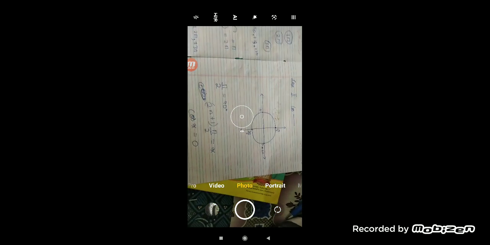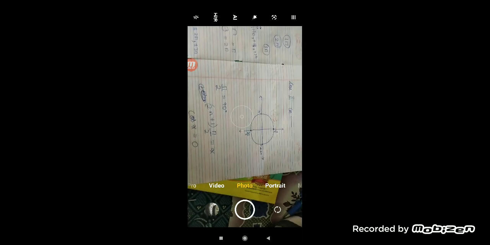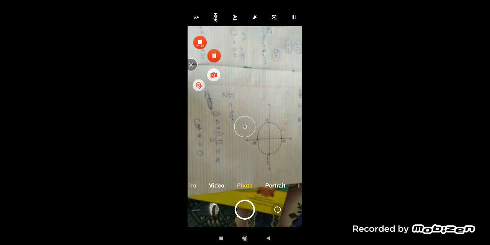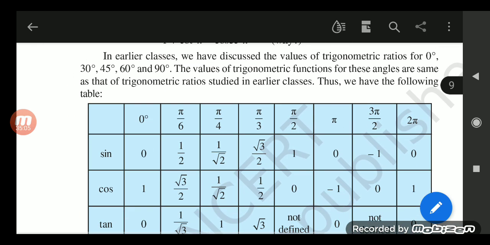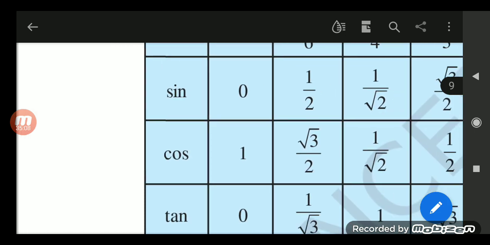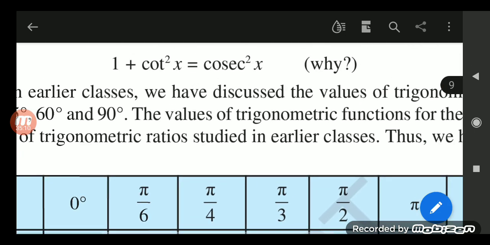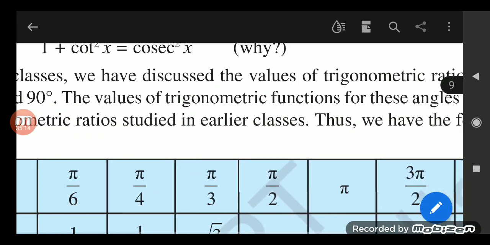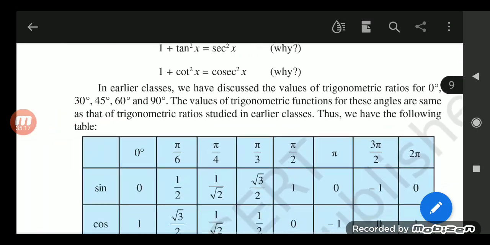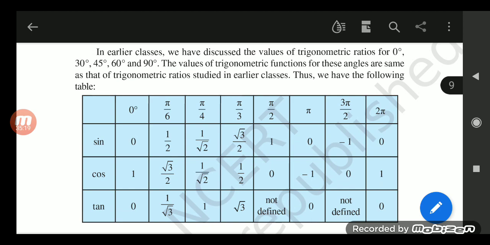So please take a screenshot of this page, and take a screenshot of this page too. Sine 0, why, you'll have to make these columns, sine, cos, tan, these three rows, sorry, in all of these 8 columns, and fill in the table.